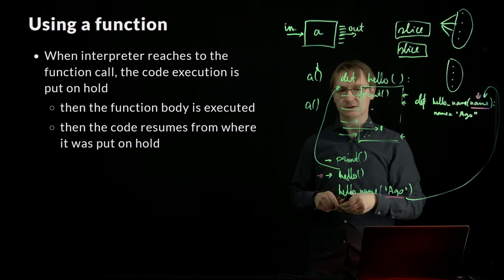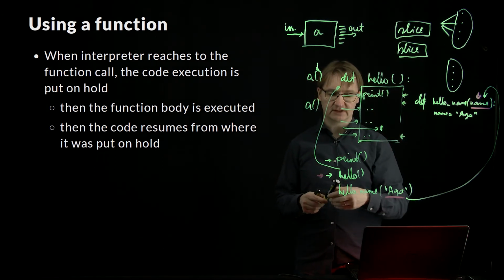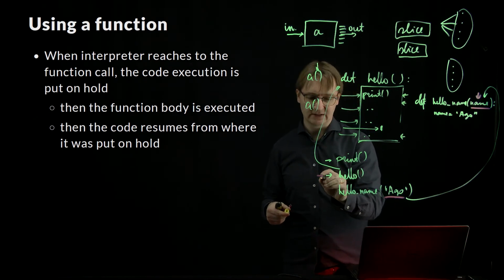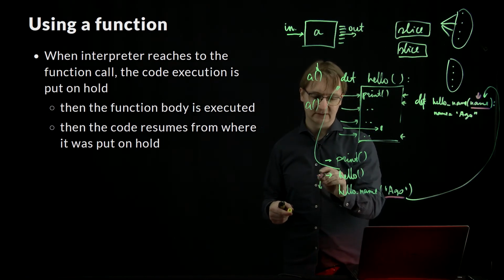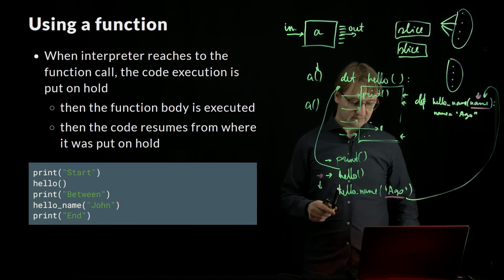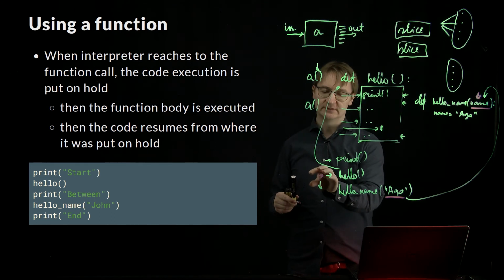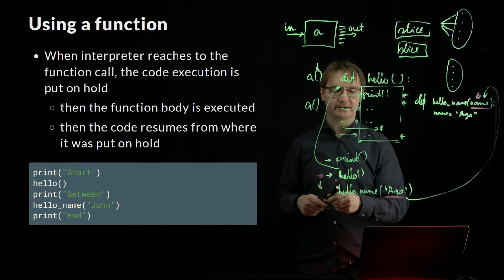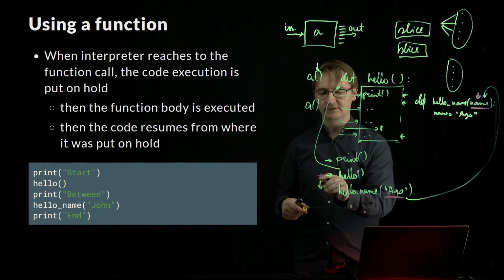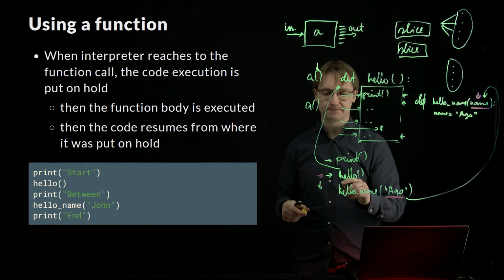And after the code within the function is finished, I can get back here and continue from where I left off. So basically, the execution is put on hold in this line, and now I cannot move on before I have executed all of this current function.